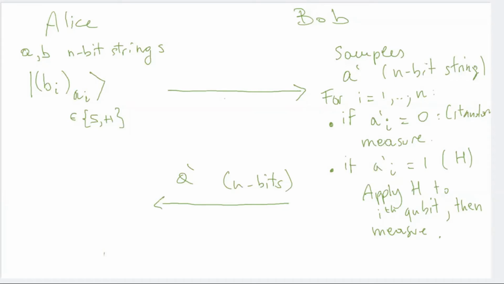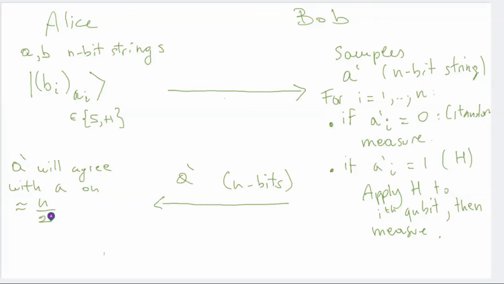Exactly. So Bob will report A prime. More or less, A prime is Bob's choice of basis. The string A prime, which is n bits, will agree with A on approximately n over 2 bits.